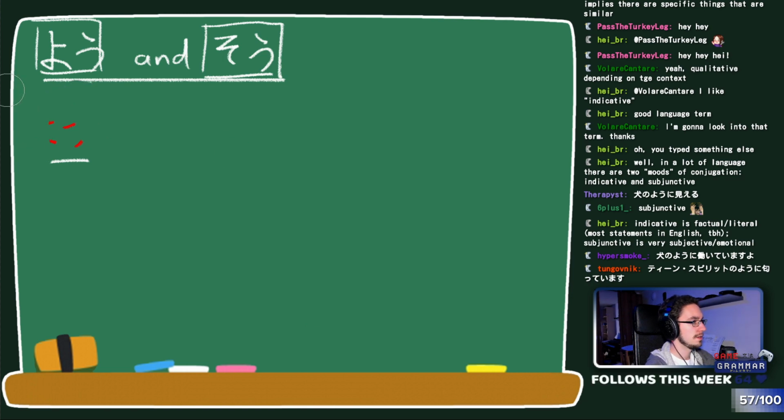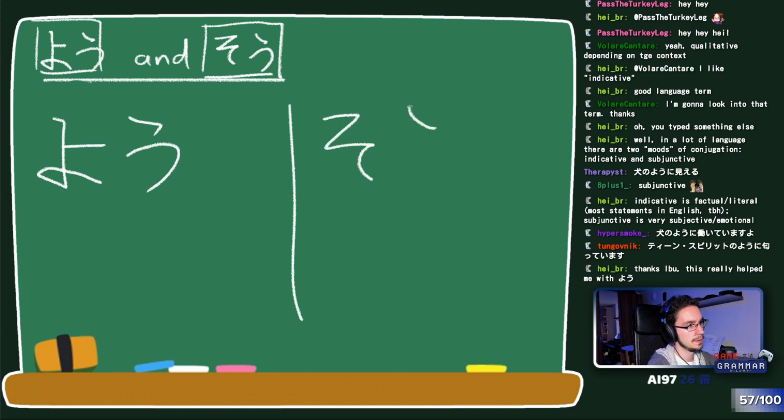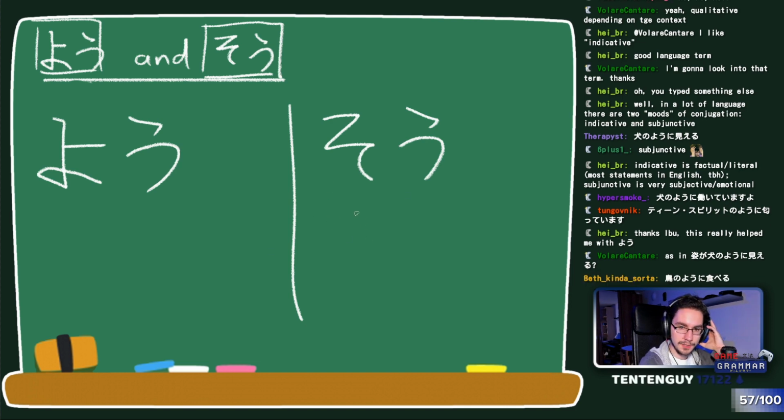There we go. We had yo and so. Let's write them side by side. Yo and so. 姿が犬のように見える. 鳥のように食べる. To eat like a bird.